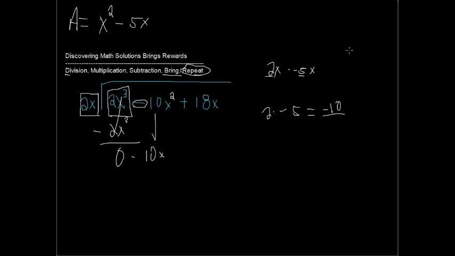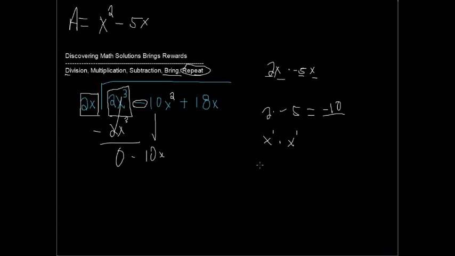Then we deal with the variables. We've got x times x, or x to the first times x to the first. And we know from the first section of this equation that when you're multiplying exponents, because the variables are identical, you don't mess with them.